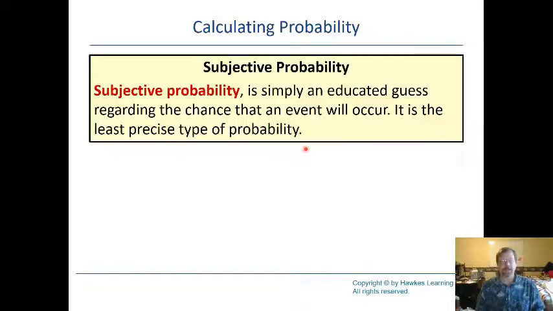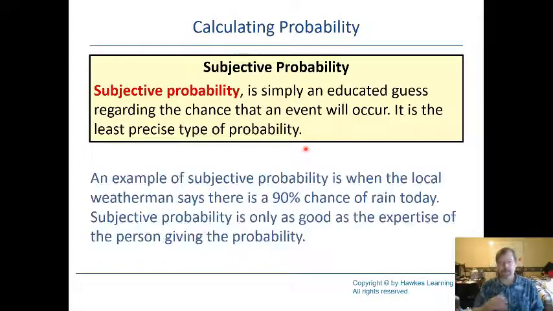Subjective probability is just an educated guess. So, as they say here, a good example is the weatherman. They examine the cloud patterns from satellite images and pressures and whatnot, and based on all of that, they're going to estimate that there's 90% chance of rain or 30% chance of rain or whatever.